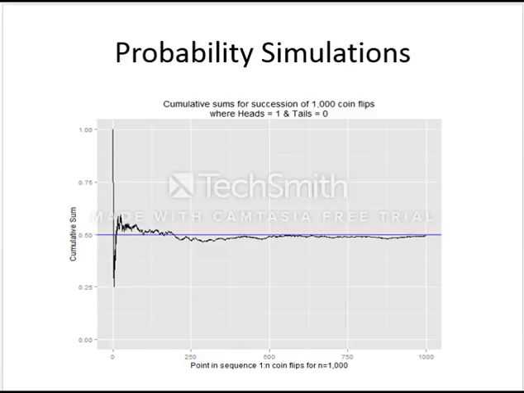That's not at all what it means. It means if you were to perform that experiment over and over and over, theoretically infinitely many times, what would be the proportion of heads and tails, or the proportion of outcomes on the roll of a die, or whatever the probability experiment is. So hopefully that clarifies a bit.